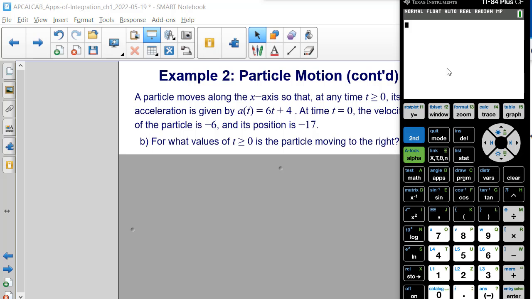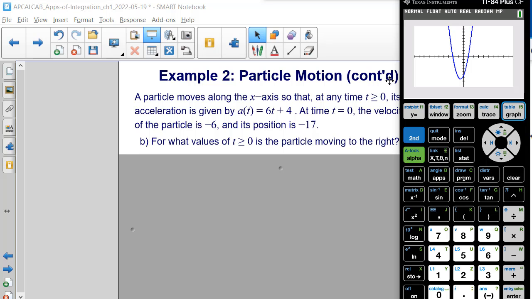So if we bring up a graphing calculator and then go to y equals, and then put in there 3x squared, or you can put it in terms of t, plus 4x minus 6. And then if we graph it, we can see that we have this parabola and it's intersecting twice.